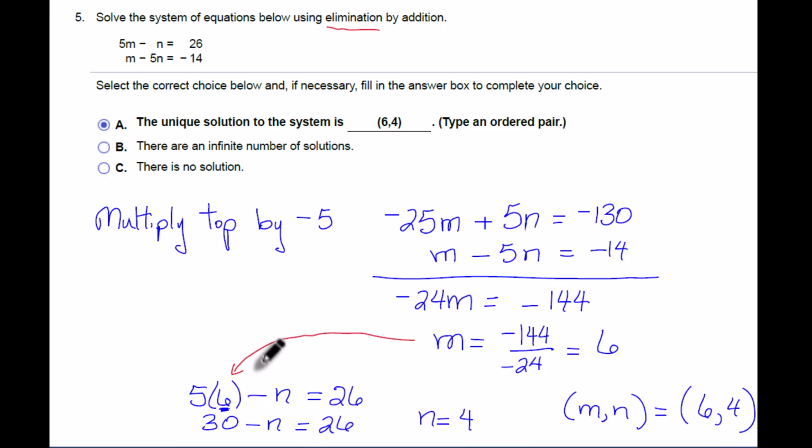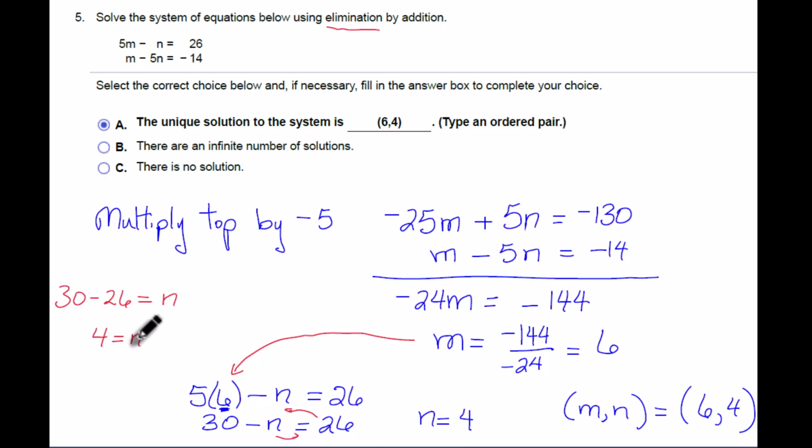Let's see, I think I'm going to move the n and then move the 26. So 30 minus the 26, I'm bringing that to the left, this guy to the right, making it positive, and so I get 4 is equal to n.